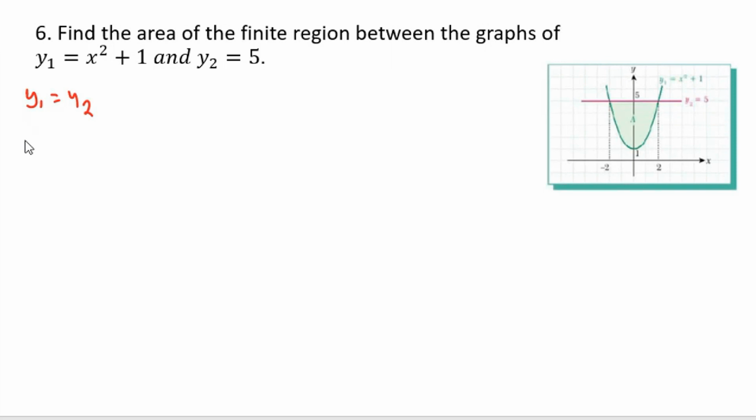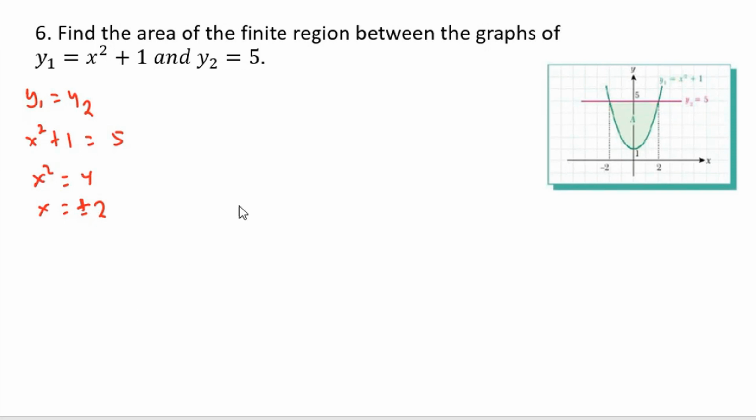By substitution, I can write x squared plus 1 is equal to 5. Solving for x, we have x squared equals 5 minus 1, which is 4. And x will be equal to plus and minus 2 because we take the square root of 4. So the interval is from negative 2 to positive 2.